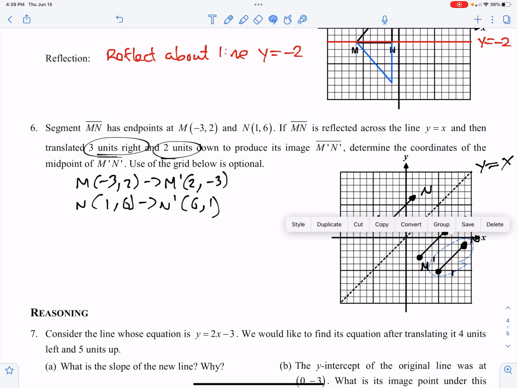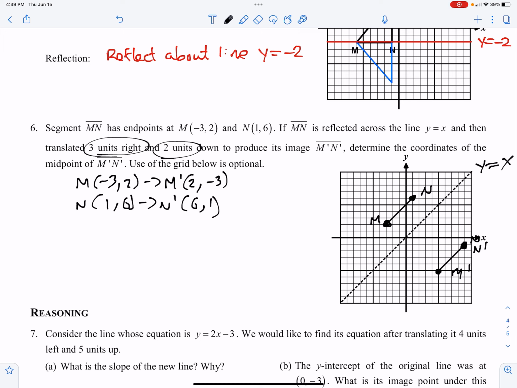That would put it right here. Okay, so ultimately that's where MN ends up. First it's reflected, then it's moved 3 units to the right, 2 units down.